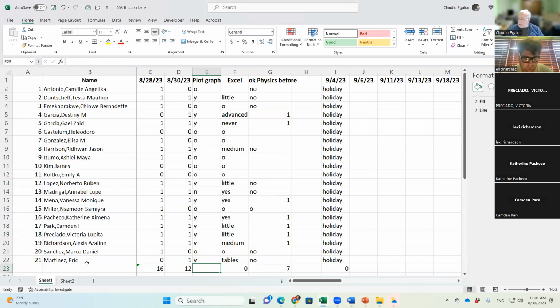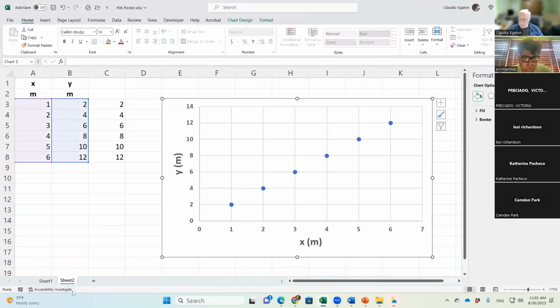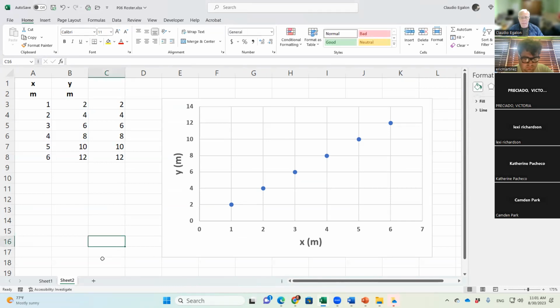So now we're going to do what Camden mentioned, right? We're going to go for the statistical function, okay? Now how do you do it? Well, in Excel, there is a mathematical technique that we can use to determine the equation of this line that you see right here.